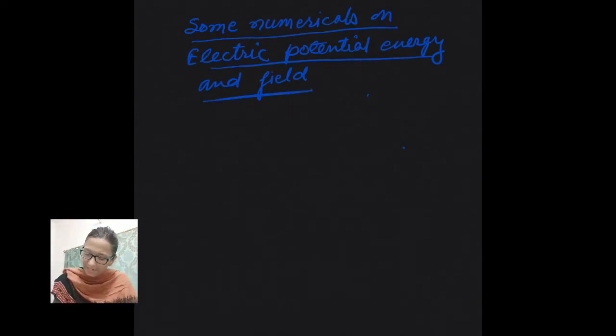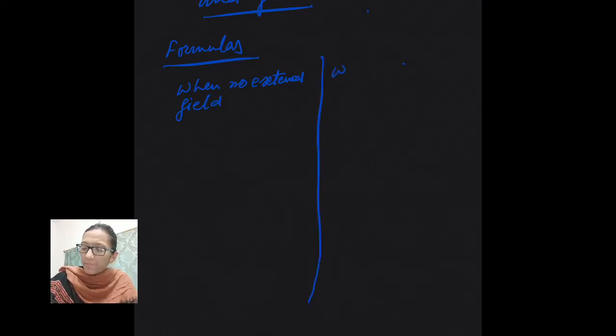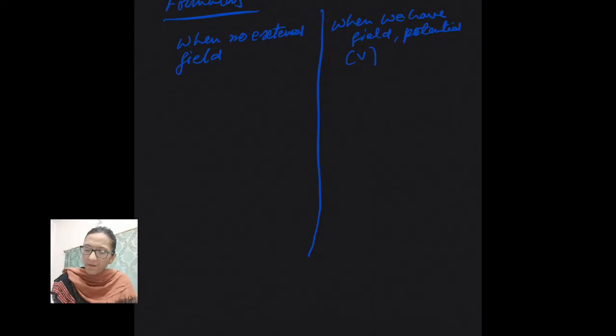So, firstly let us write the formulas for doing all those things: when there is no external field, and when we have a field, with potential V only. Okay, so let us write one by one.